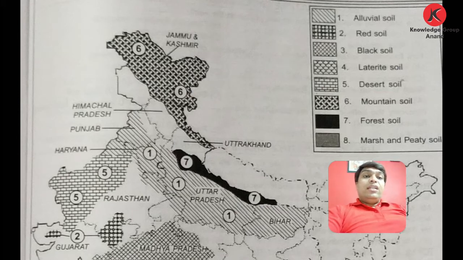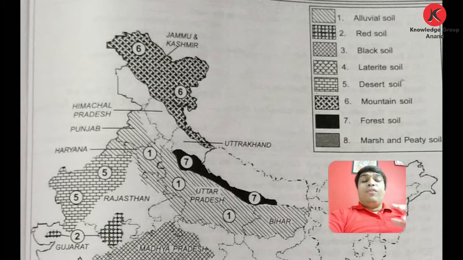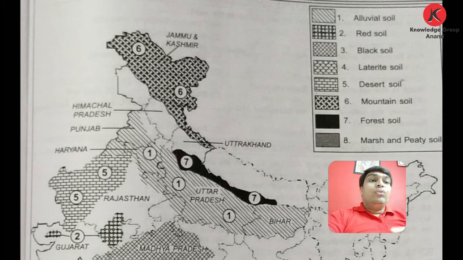But out of that 43%, you can show some parts of our country. It is not necessary to show each and every part of India that contains alluvial soil. You can show some region where this alluvial soil is found.